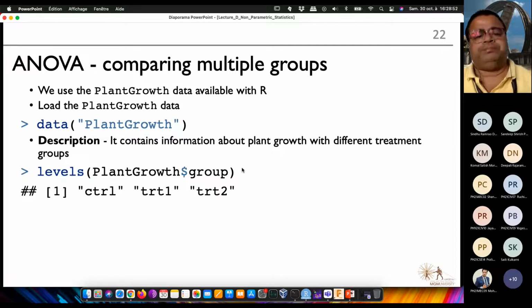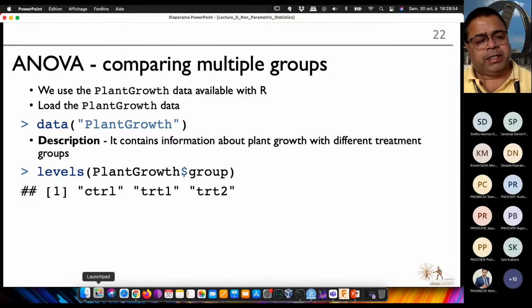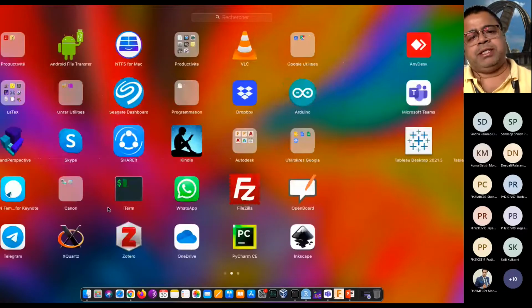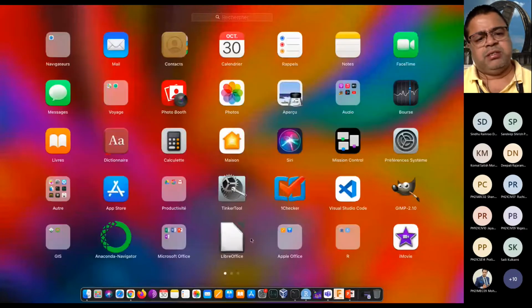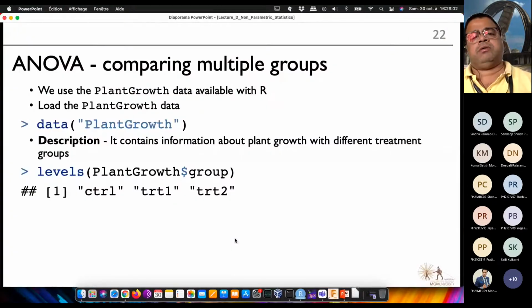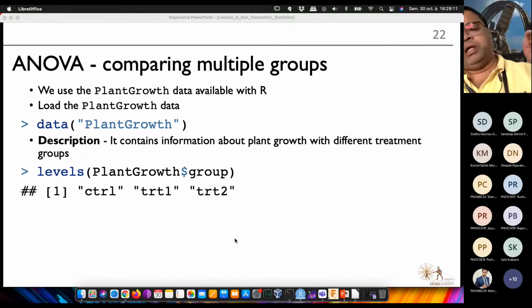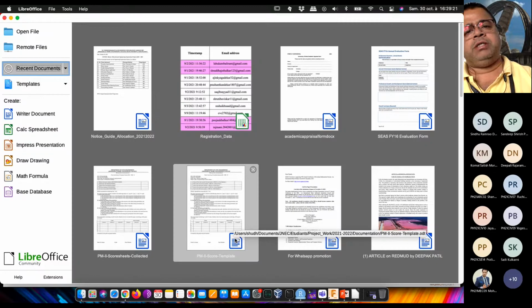Let me show you an example. So what is ANOVA? And remember that you can run ANOVA only if your data distribution is normal.